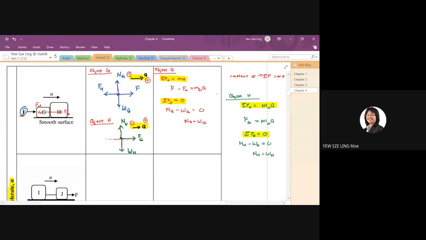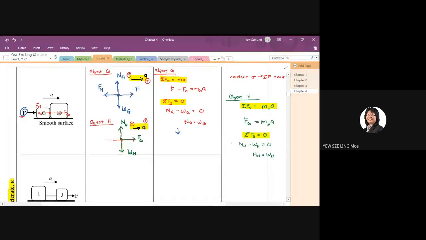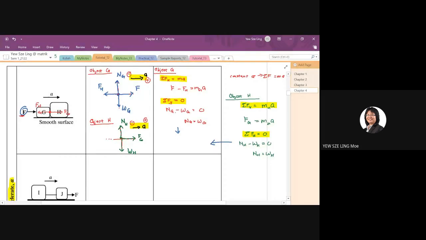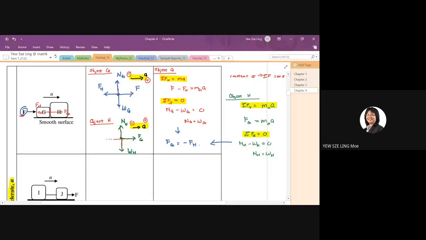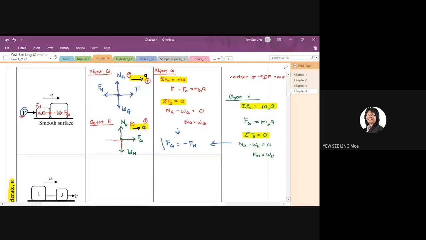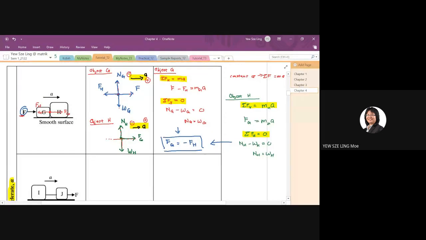So how are we going to join these two sets of information together? We can join them together by using Newton's third law. Okay, Newton's third law tells us what? It tells us Fg is equal to negative Fh. So they have the same value, just that they are pointing in opposite directions. The reason we know they have the same value is because they are the contact force.